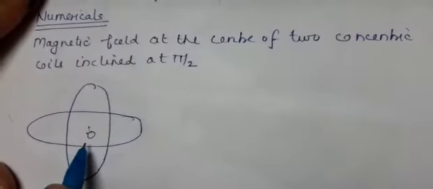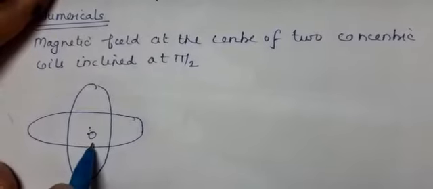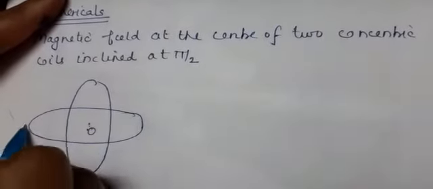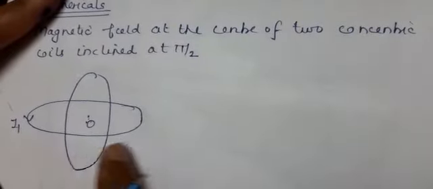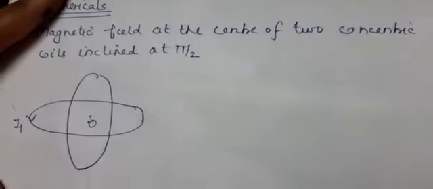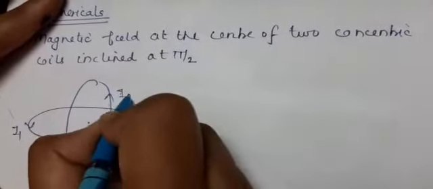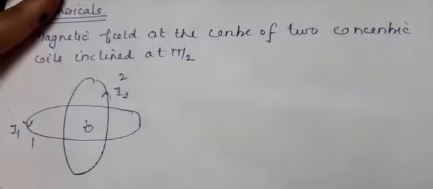Now what should be given here? Current should be given to us. So let me take current as I1 in this direction, that is anti-clockwise, and for the second loop, this is I2. This is loop 1, this is loop 2.